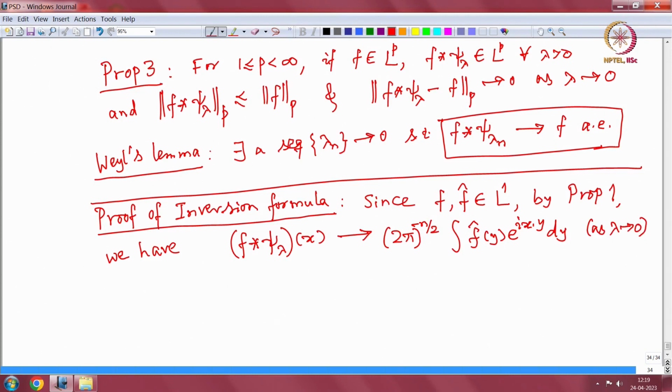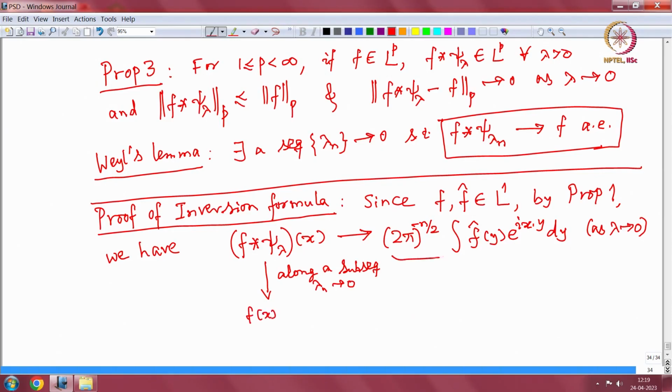This is from proposition 1, and by proposition 3, along a subsequence lambda n converging to 0, this we have fx.